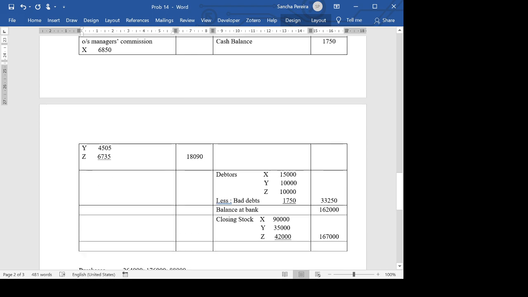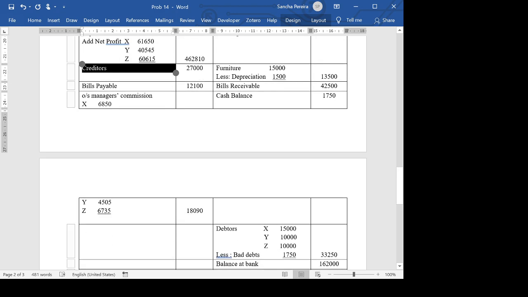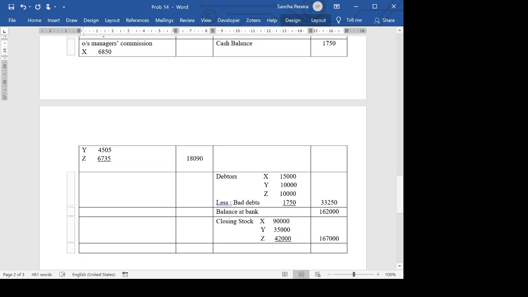Check if the balance sheet is tallying. 462,810 plus 27,000 plus 12,100 plus 18,090, which is 5,20,000. This side I'm getting 5,20,000.